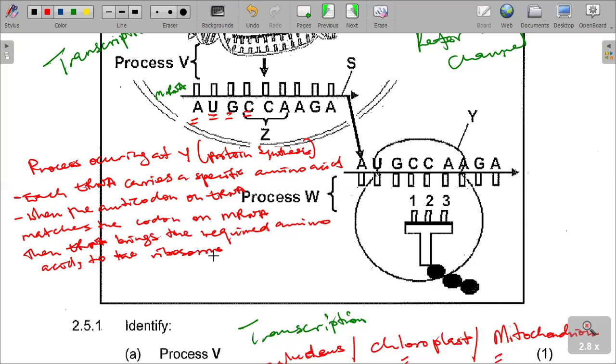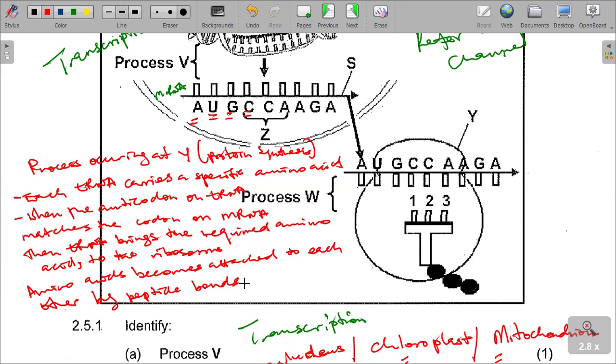And then what happens again is that the amino acids become attached to each other by peptide bonds to form the required protein.